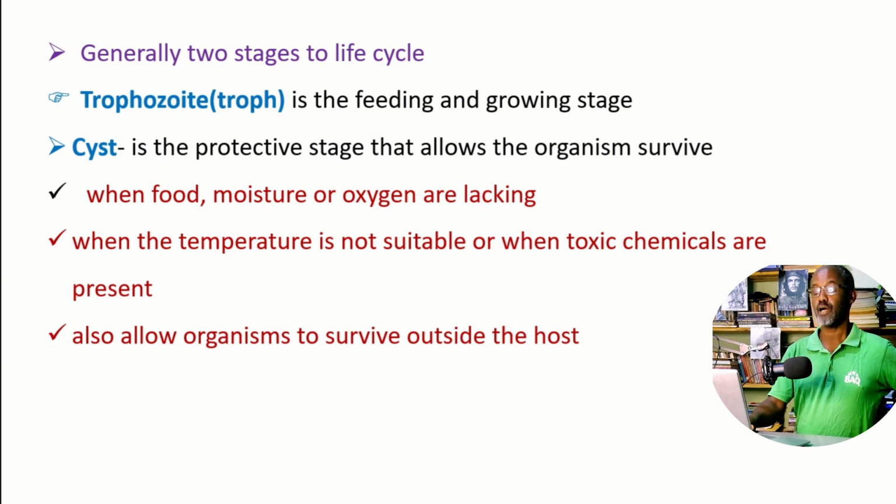If they come out through the stool or the waste material, and the environment is not suitable for them, since it is your GI tract that is suitable, they change from trophozoite into cyst form. Therefore, it is a means to survive outside the host.